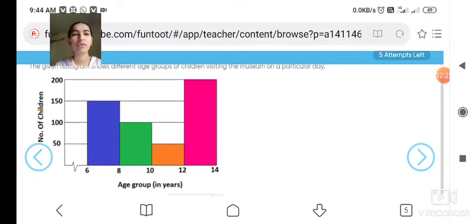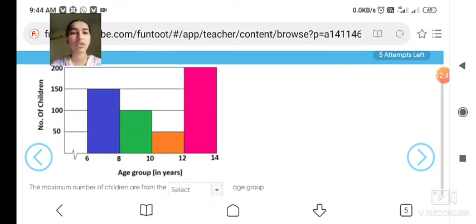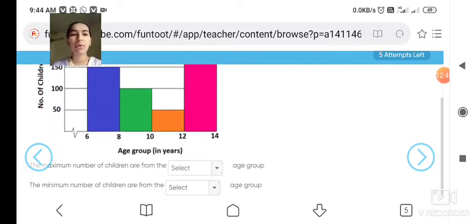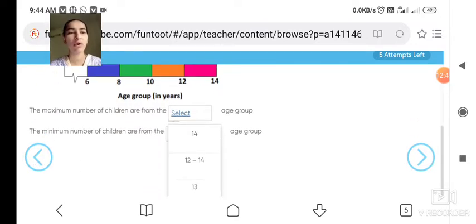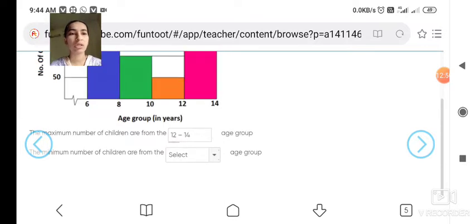In which color do you see the most students? Yes, the pink color, that means between 12 to 14 years the maximum number of children are there. So you have to select 12 to 14.